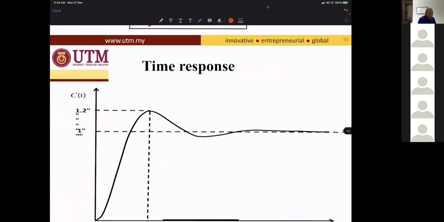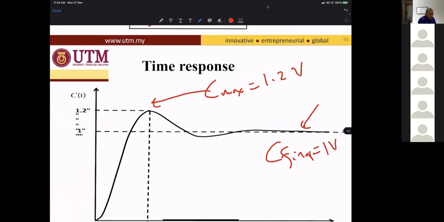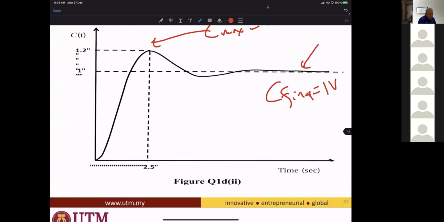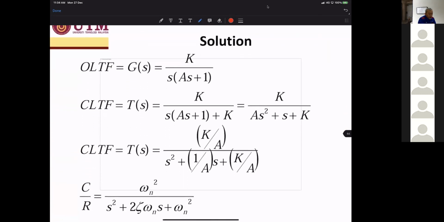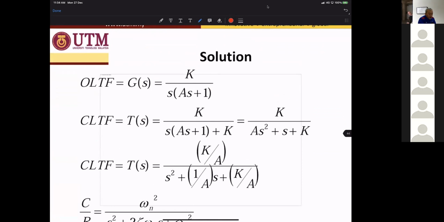So from this graph, you can find the C final or final value, which is equal to 1 volt, and C max, which is equal to 1.2 volt. And the peak time is equal to 2.5 seconds. So the model structure for the open loop transfer function is K over S times (AS plus 1).